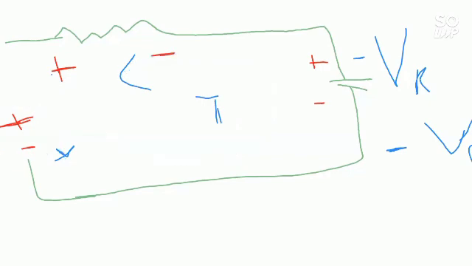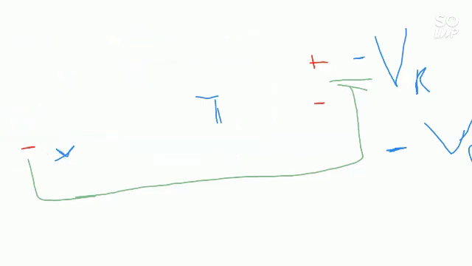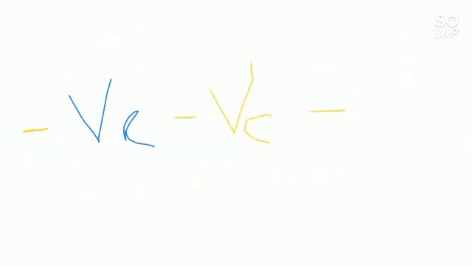In this case, we can write the equation as V minus VR minus VC is equal to 0.